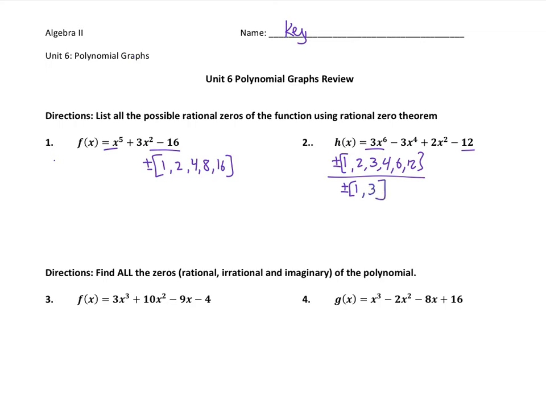So if we write those out, we get plus or minus 1, 2, 3, 4, 6, and 12. And then we're also going to have 1/3, 2/3, and 4/3. Some of those will repeat, like 12 over 3 is 4, or 6 over 3 is 2, 3 over 3 is 1, so you don't need to repeat them. Just write them out once.